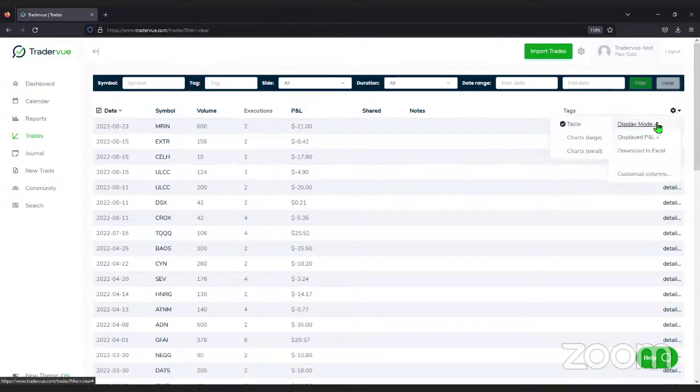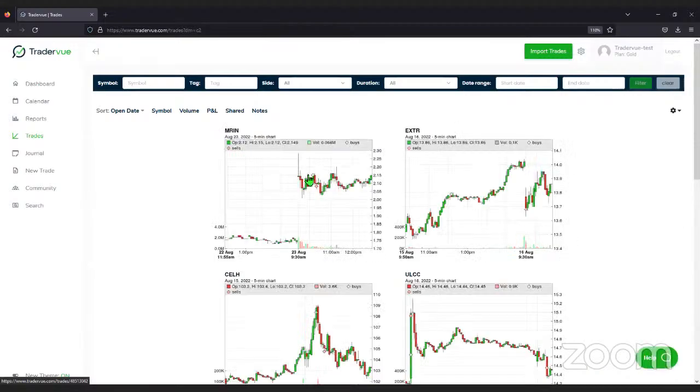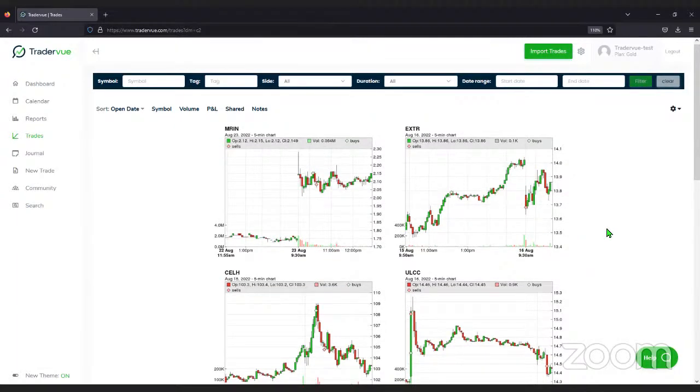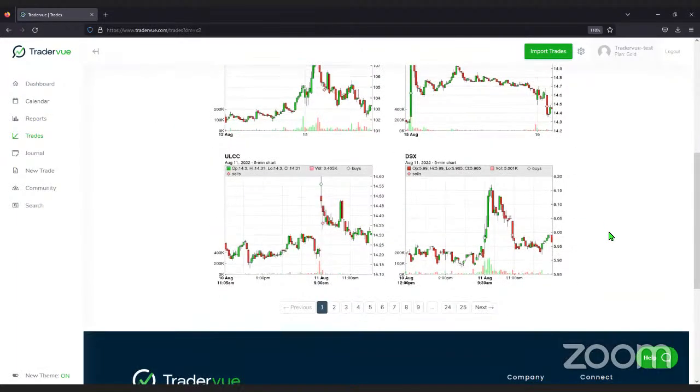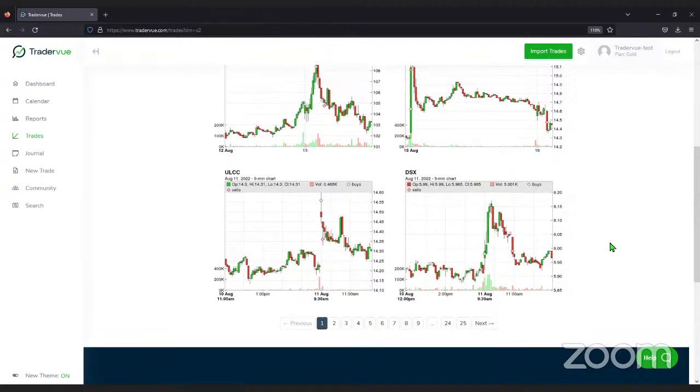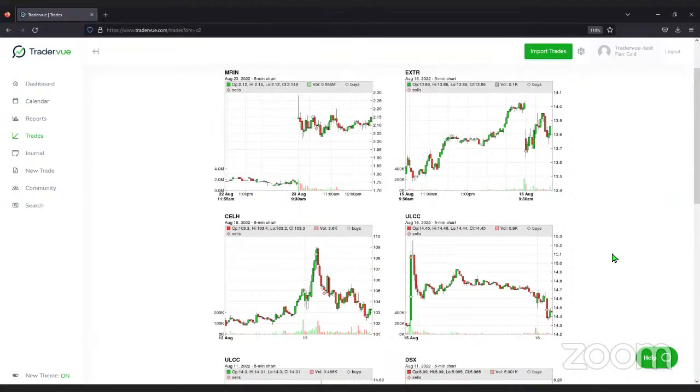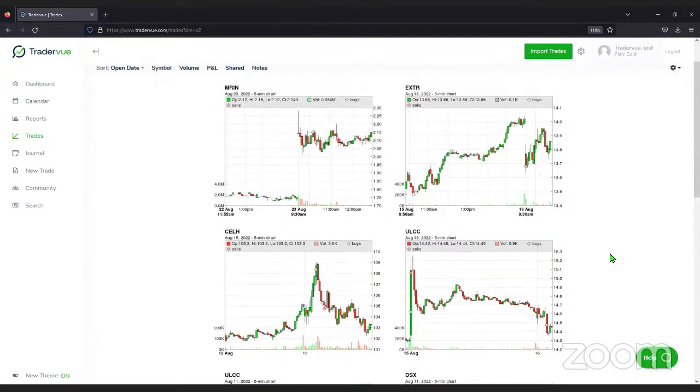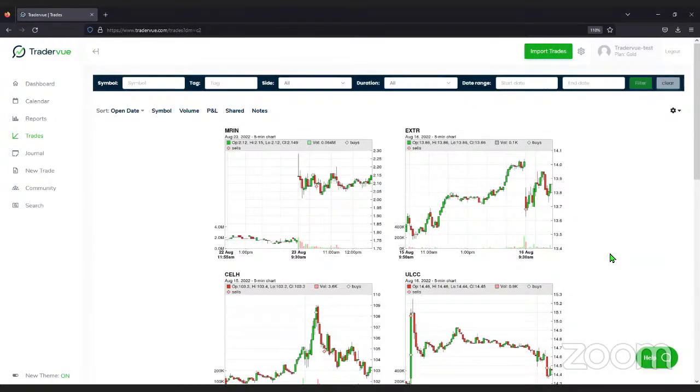In the trade section, you can see display mode by charts, which could either be large or small. Let's give that a try to see what happens. Here I'm seeing exactly the same information, but I'm seeing execution charts. This is really interesting for those traders that are mostly intraday traders who want to see their executions, like scaling out, in the trade section.